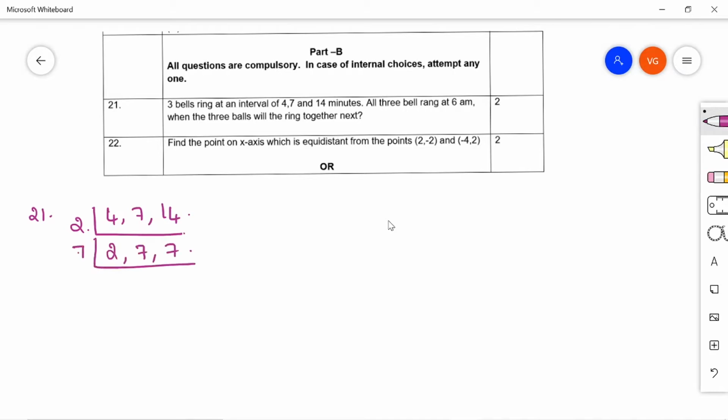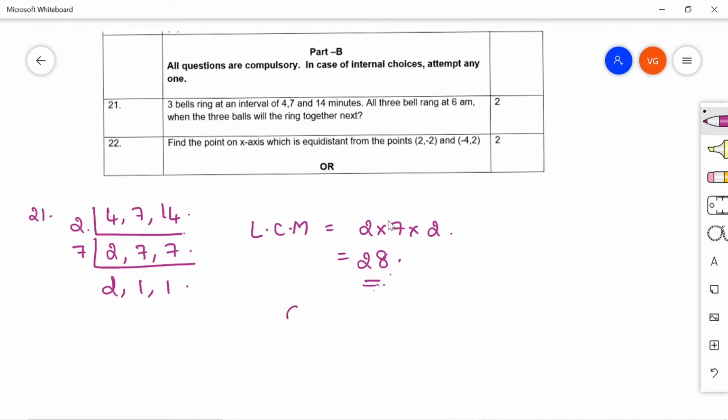Again I can go with 7. Then it will be 2, 1 and 1. So LCM here is 2 into 7 into 2, that is 28. Right? So all the 3 bells will ring together next after 28 minutes.